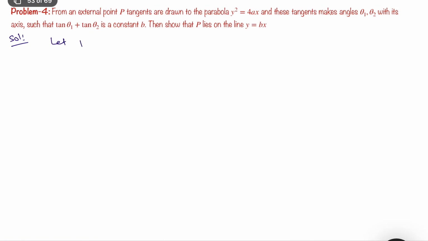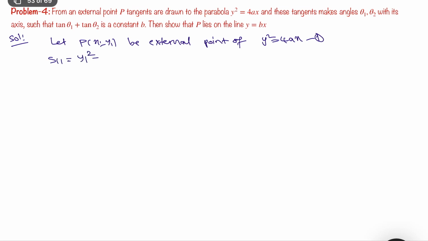Let P(x1, y1) be an external point of this parabola y square equal to 4ax. Let's call it 1. So since P is an external point of this parabola, we must have S11 positive.